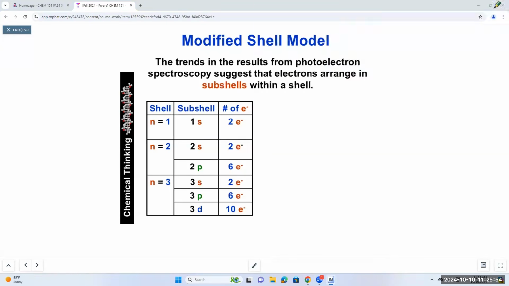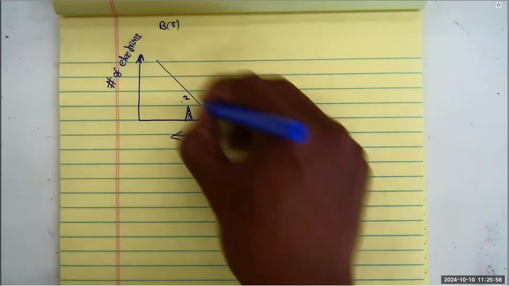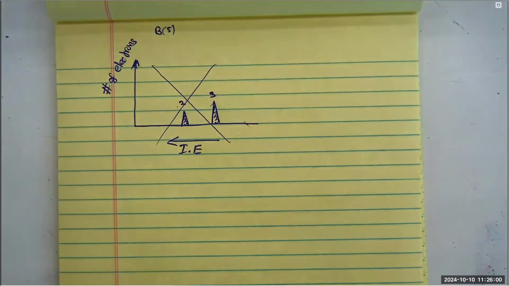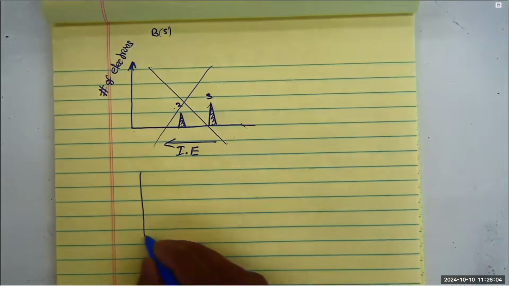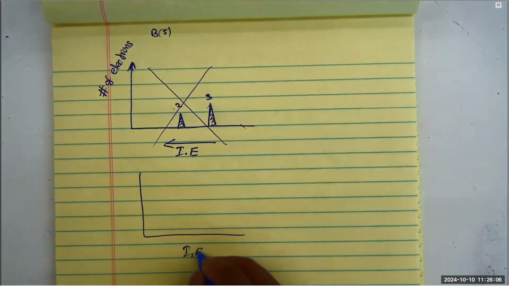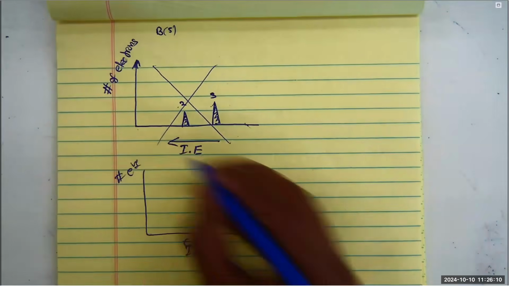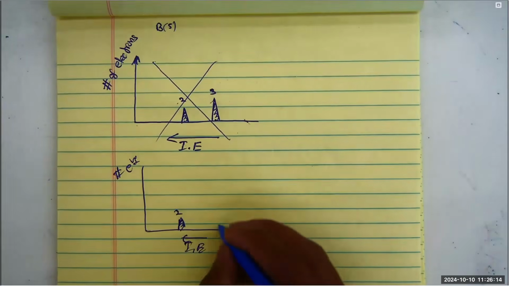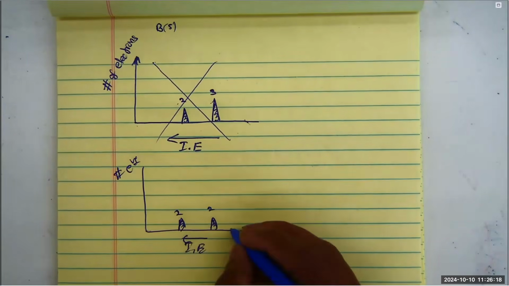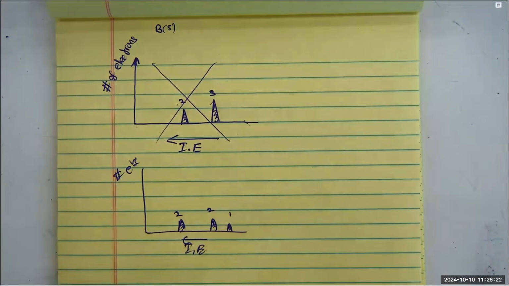I'm going to draw the correct photoelectron spectrum for boron. By the way, this is wrong. Why? This is not what we see experimentally. Experimentally, ionization energy increases this way, and then the number of electrons. We see 2 electrons, and then 2 electrons, and then 1 electron.